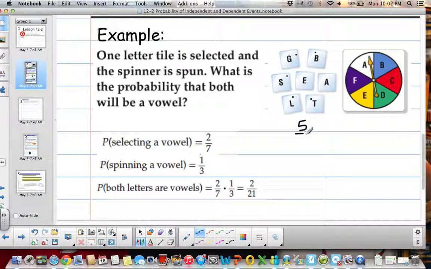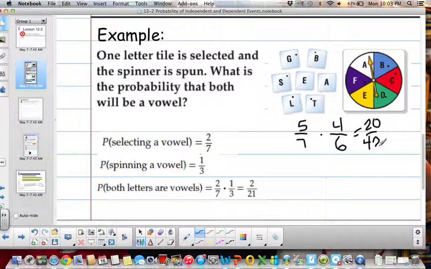So I'm actually just going to write this up here. 5/7 is our probability of getting a consonant from our letter tiles. And then there's 1, 2, 3, 4, so we have 4/6, because there's 6 spots.